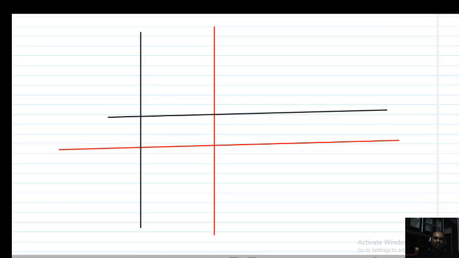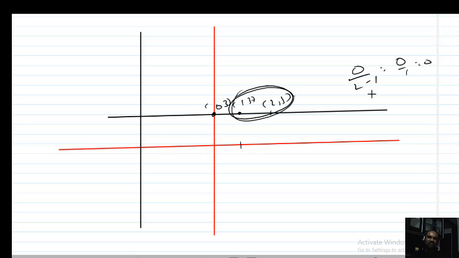For example this point is (0, 3), this is (1, 3), this is (2, 3) and so on, because this is parallel to x-axis, which means the y coordinates are same. Now find the slope of this straight line taking any 2 points. 3 minus 3, 0, by 2 minus 1, 1, 0 by 1, 0 only. That's why the slope of this line is 0. The slope of any line parallel to x-axis, or the x-axis, is 0.